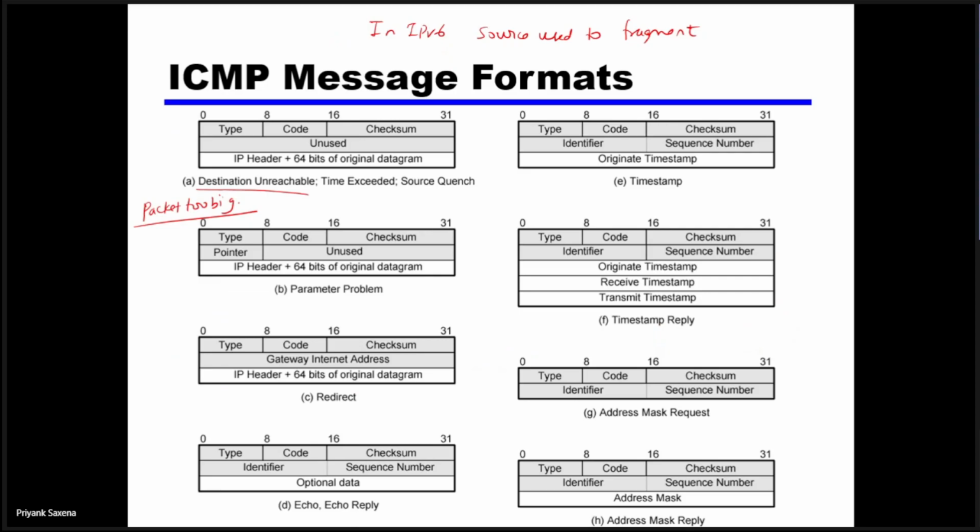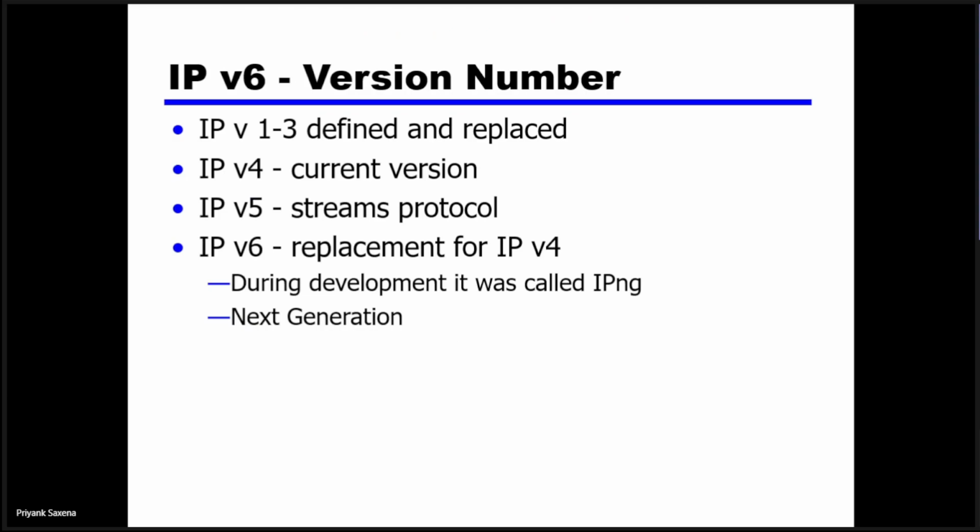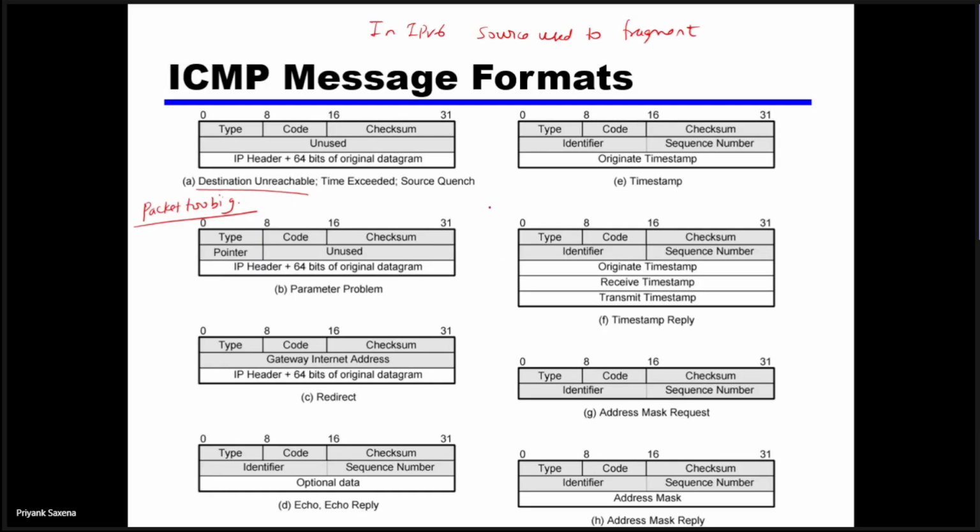Now, what are the different messages? There are different messages, destination unreachable being one. There are two types of messages: error reporting messages and query messages.